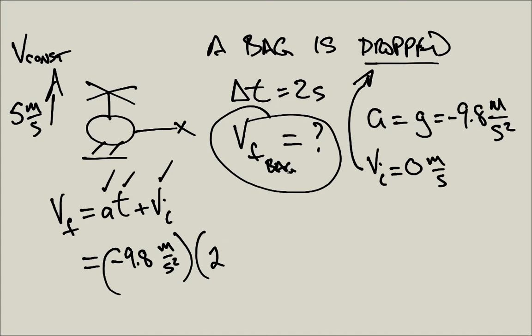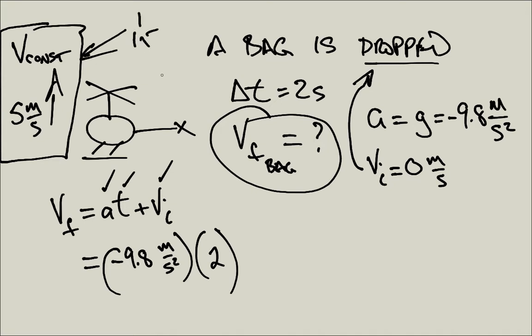Oh, wait. Actually, I've made a mistake. And the mistake I've made is I've completely ignored this value here. Oh, no. We've got a problem here. This is wrong. It is dropped, but even though it is dropped, we have to remember that the helicopter is moving up at 5 meters per second.